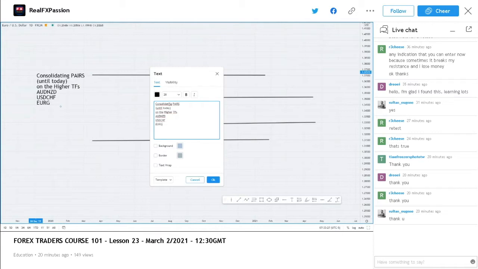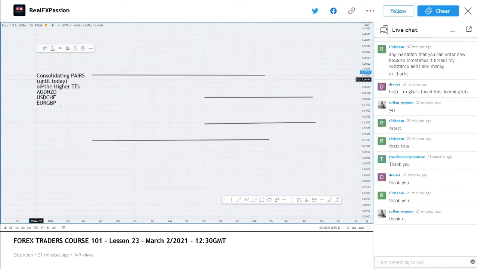Of course, Euro, GBP would be the third one. Canada, CHF, not sure about. So AUD, NZD, USD, CHF, Euro, GBP, right? We're going to check more, but those are the pairs who are still consolidating.